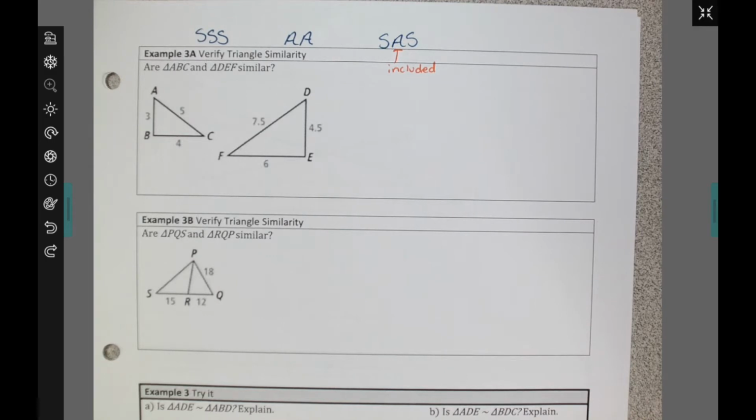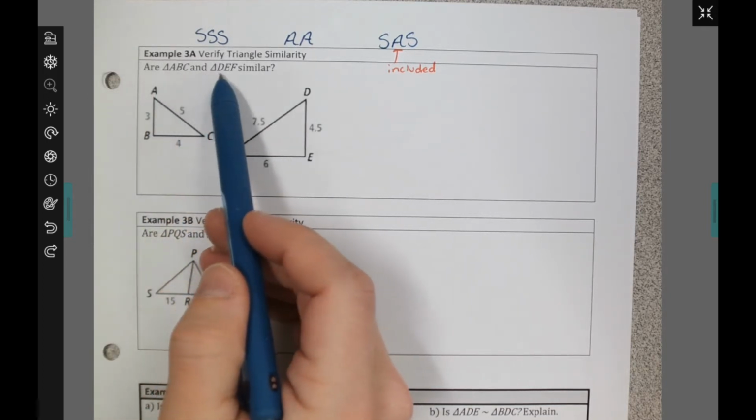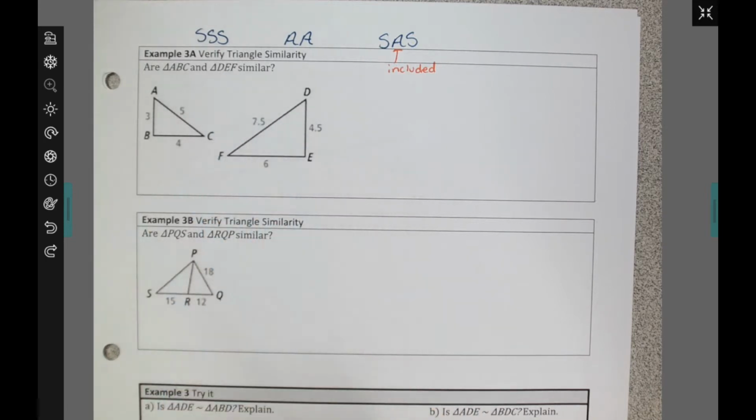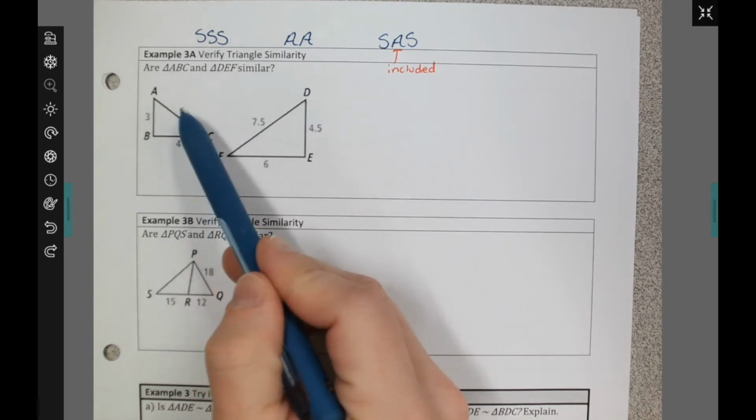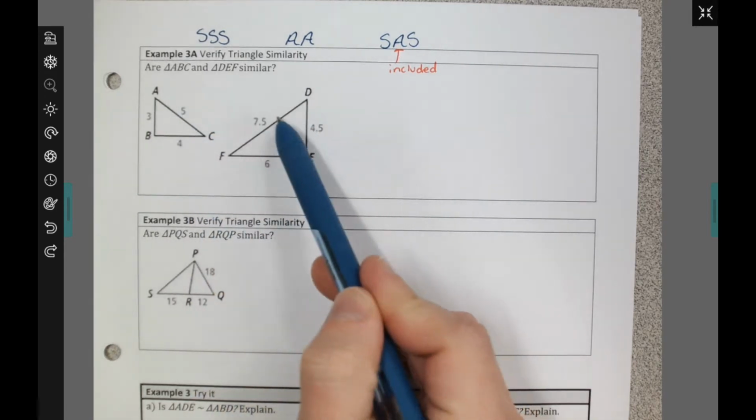So when we talk about actually verifying that these triangles are similar, it's really that we're piecing together a puzzle. Okay, they want to know, are triangle ABC and triangle DEF similar? For example, 3A. And with this, you look at what's given to you. In this picture, the only thing that they give me on these triangles are the sides.